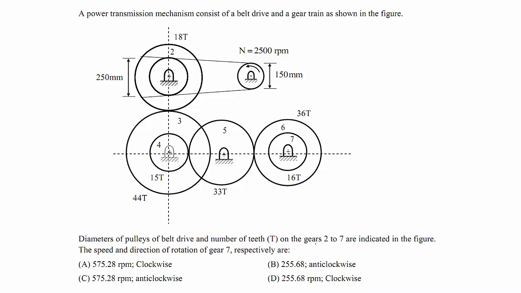Number of teeth on gear 2 is 18, on gear 3 it is 44, on the 4th gear 15, on the 5th gear 33, on the 6th gear 36 teeth, and the 7th gear 16 teeth.